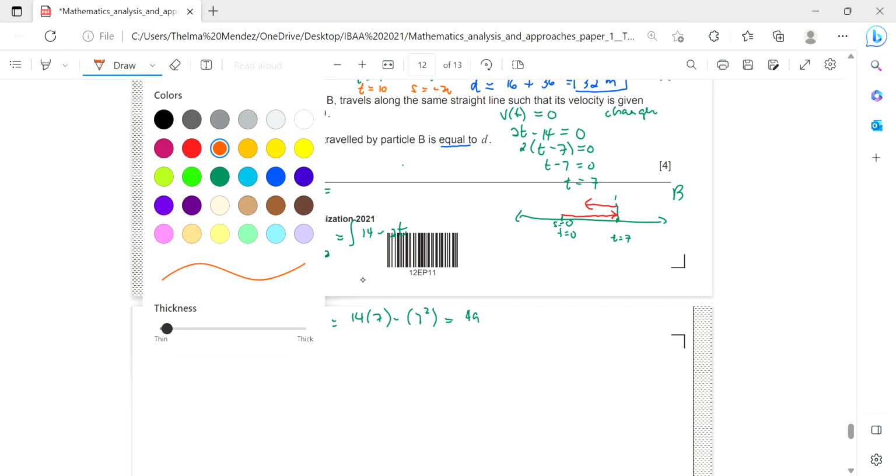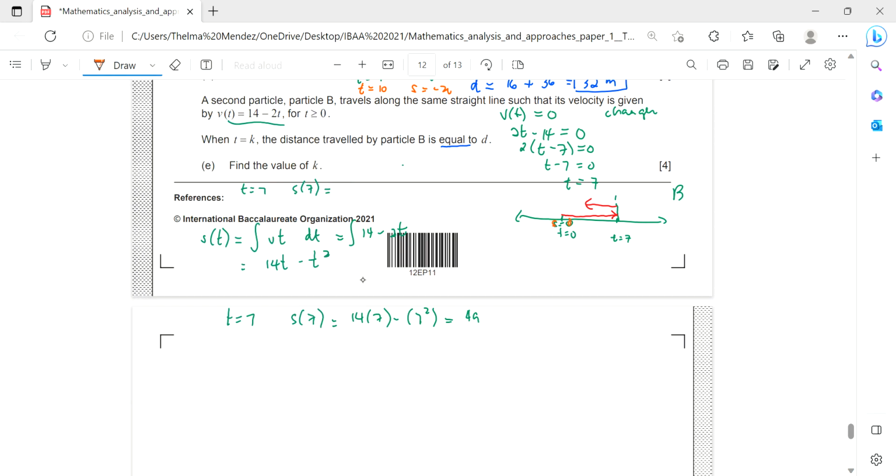So S equals 49. What it needs is 3 more, because we say that the distance of A will be equal to the distance of B, and the distance of A is 52, so it has already covered 49, so you need 3 more. Moving back 3 here means your S is equal to 46. You move back to 46 to get that 3 points.